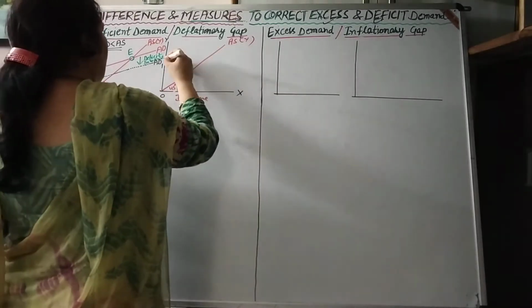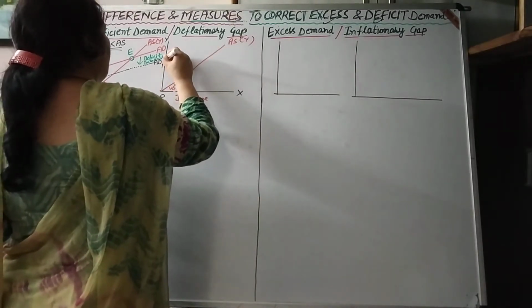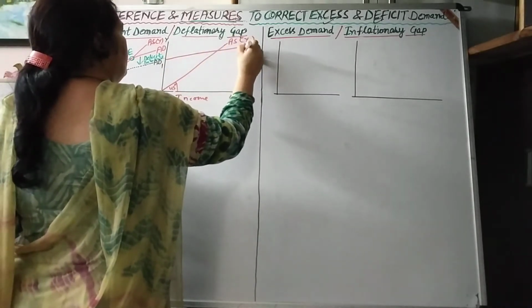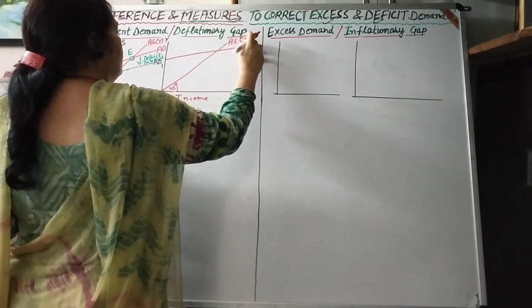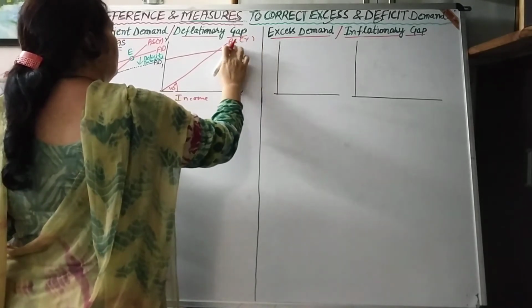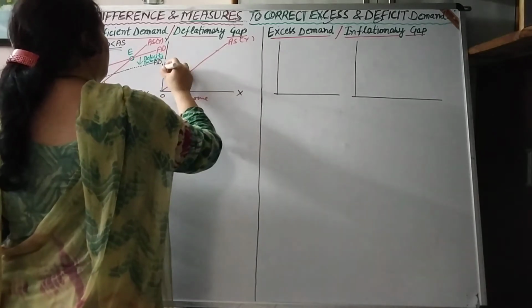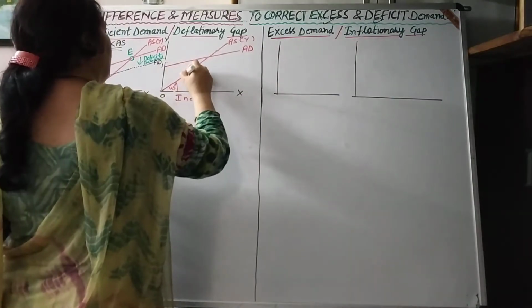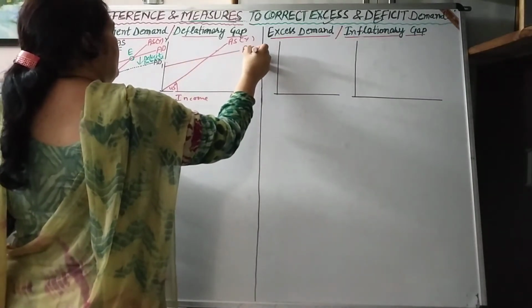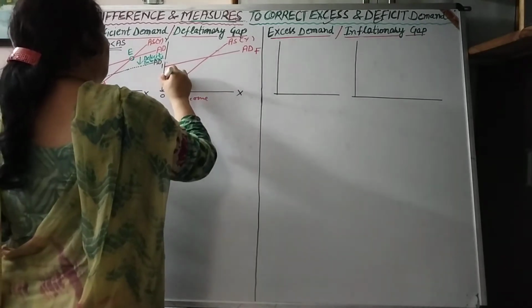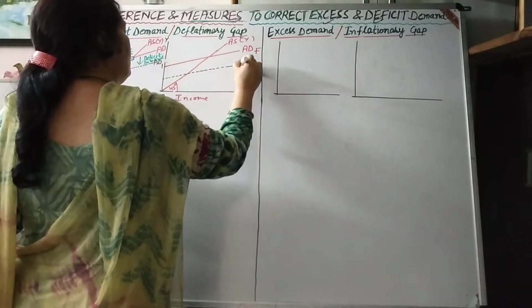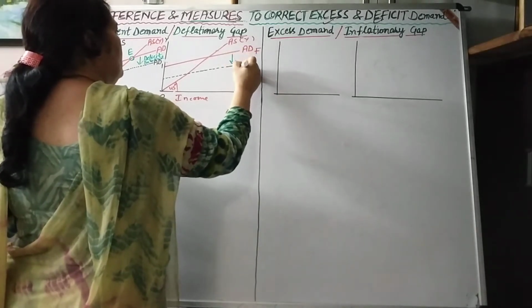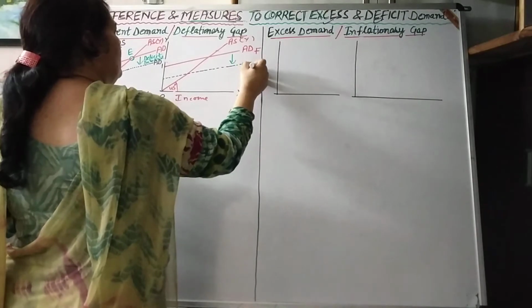And here for deflationary gap, this is aggregate demand, AD at full employment level, ADF, and AD shifts downward from AD to ADU.